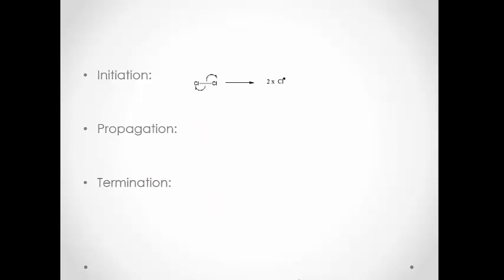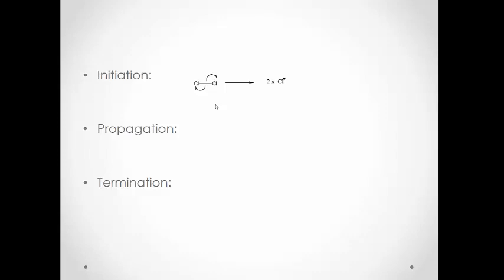So generally for your initiation process, you would have some sort of event occurring to give you the breaking of a Cl-Cl bond. So you'll notice that these arrows here are single-headed arrows, whereas before we had double-headed arrows. So the single-headed arrow is telling you that one electron from that bond is going onto this chlorine and one electron from that bond is going onto the other chlorine.